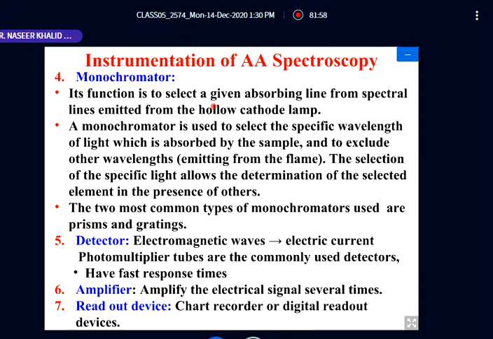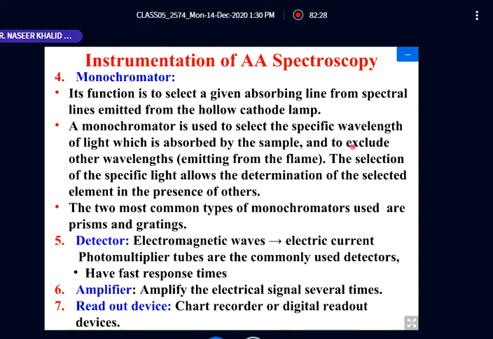Only those radiations which are of our interest are selected to be measured; those which are not of interest are not recorded by the monochromator. Moreover, the monochromator is used to select the specific wavelength of light which is absorbed by the sample.